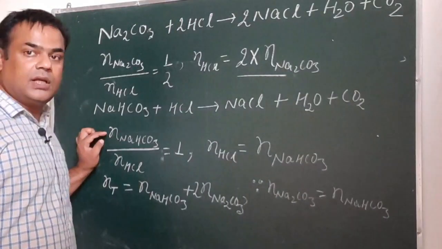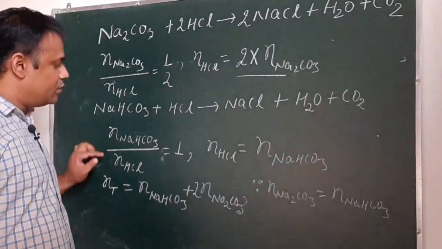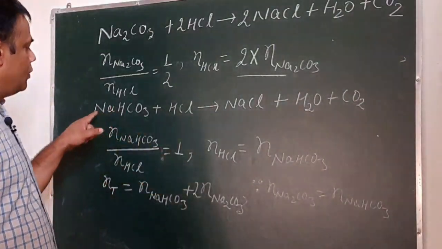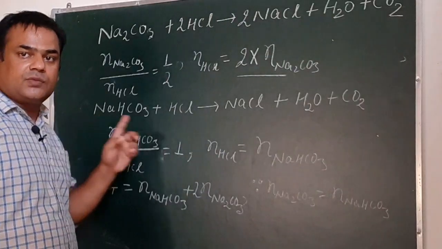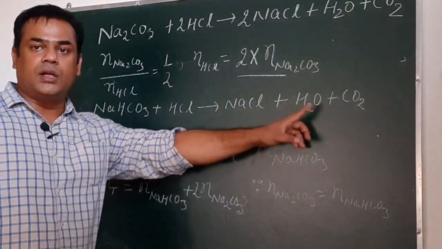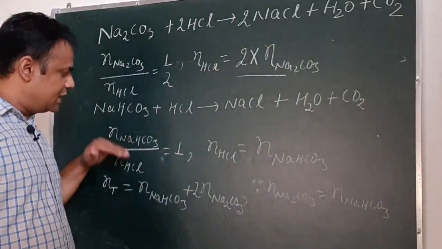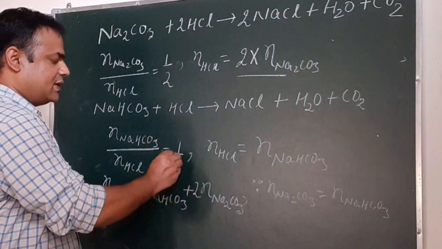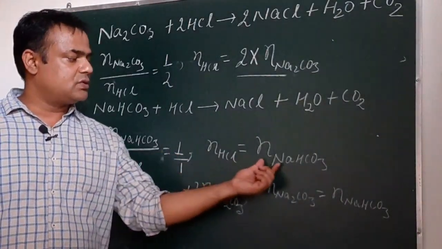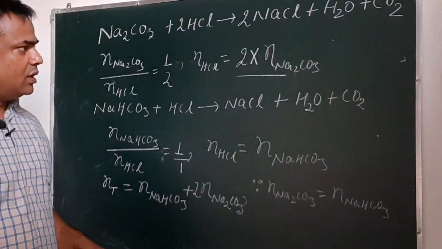So if we see the molar relationship between bicarbonate and HCl, this molar relationship is 1:1. 1 mole of NaHCO3 requires 1 mole of HCl to give 1 mole of NaCl, 1 mole of water and 1 mole of carbon dioxide. So from here the molar relationship is 1:1. We can see here 1:1, and we can calculate moles of HCl. Moles of HCl equals the number of moles of NaHCO3, sodium bicarbonate.